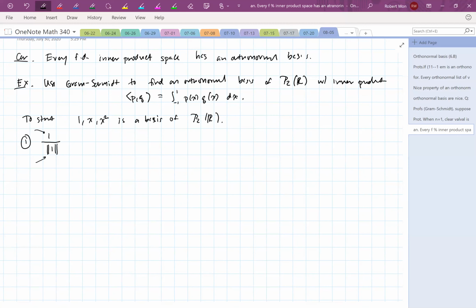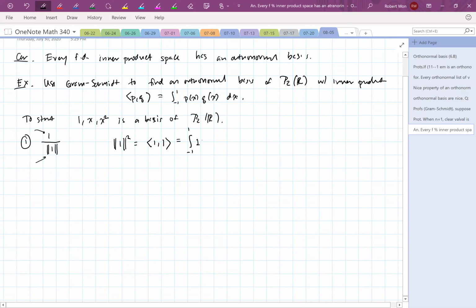So what's the norm of 1? Well, the norm of 1 squared is the inner product of 1 with itself, which is the integral from -1 to 1 of 1 times 1, which is 1, dx.